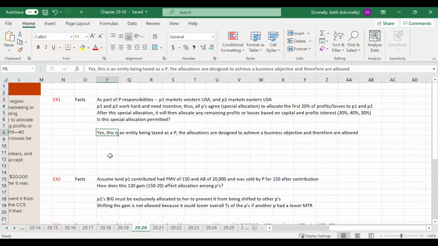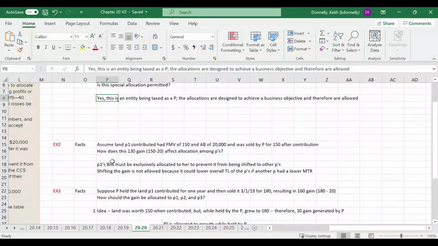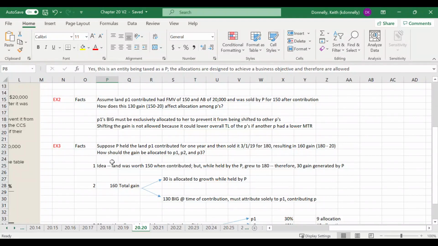Well, yes, this is a partnership. You're allowed to have special allocations based off profit or loss. We're not dealing with any built-in gain property here. Next, it says, assume a partnership where a partner contributes land that has a fair market value and an adjusted basis of 20.